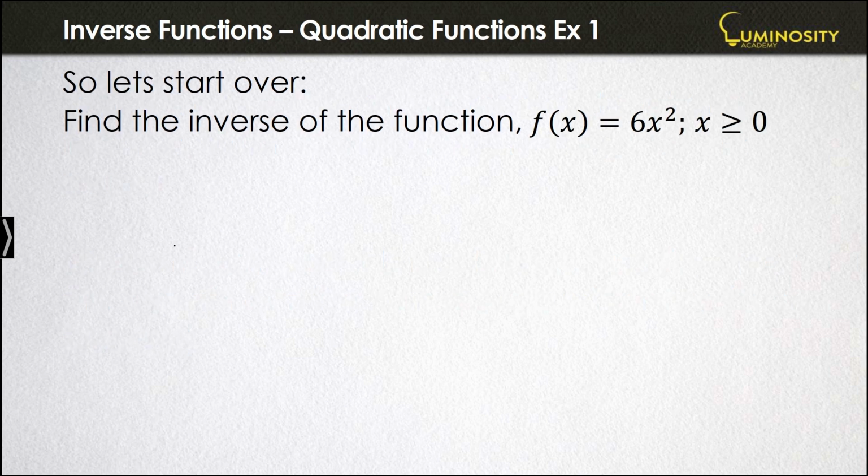So we have f of x equals 6x squared, where x is greater than or equal to 0. So here we start the process all over again. We have y equals 6x squared. We swap them, and then we solve for our y.